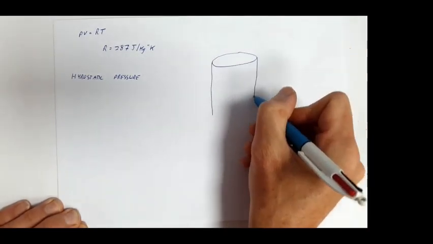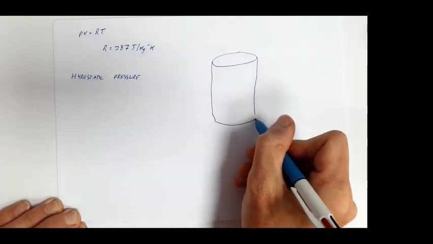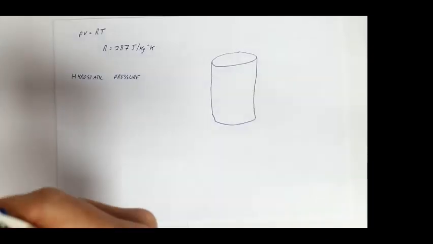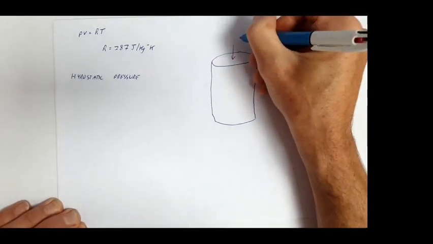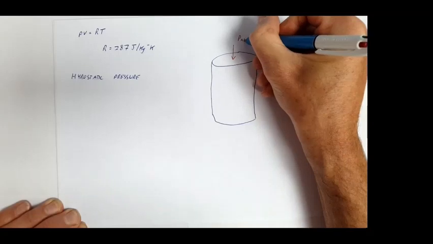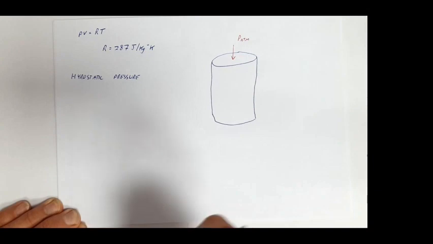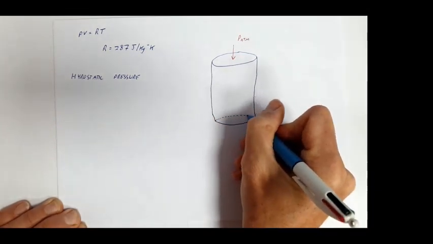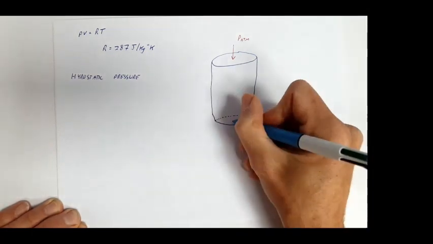It's sat in equilibrium, so the upwards forces are equal to the downwards forces. Clockwise moments are equal to the anti-clockwise moments. We've got atmospheric pressure acting on the top surface and on the bottom surface. On this bottom surface down here, we would have some pressure. Let's call that P.